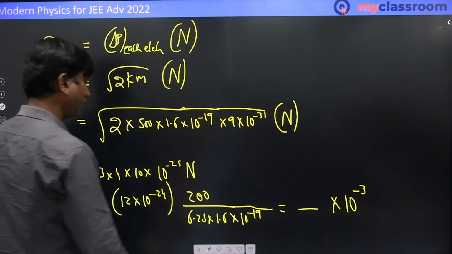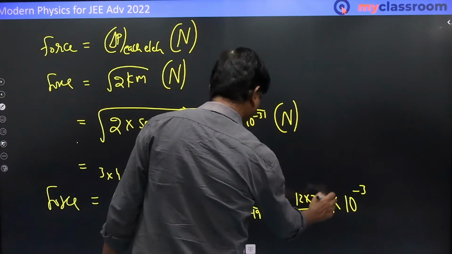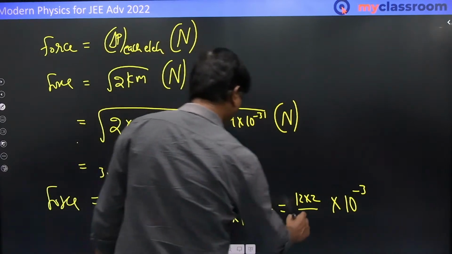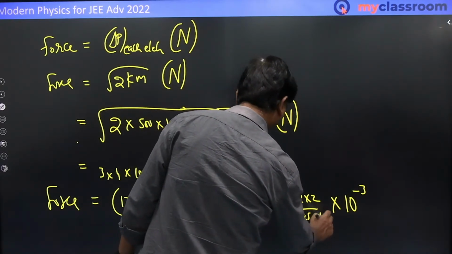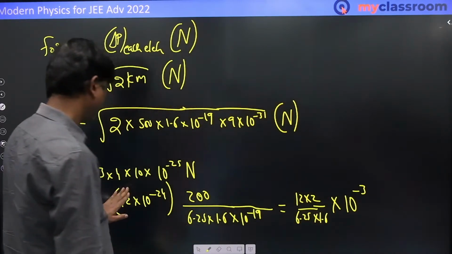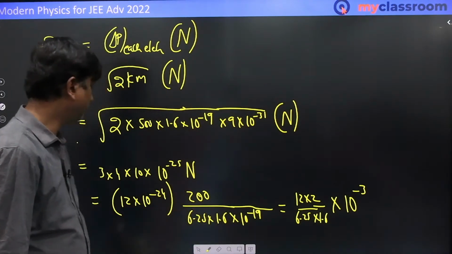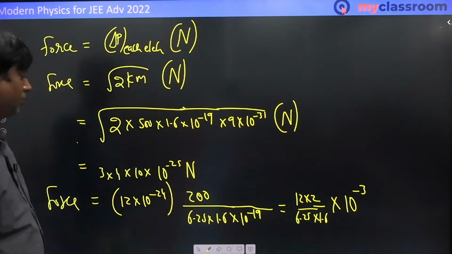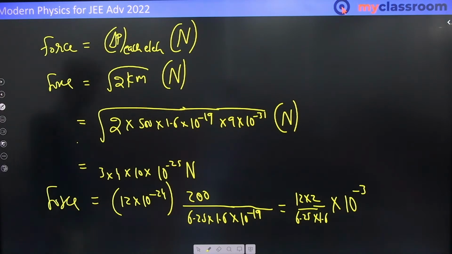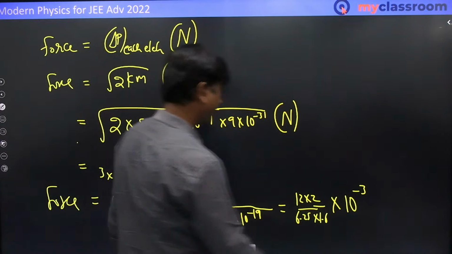Remaining all 12 into 2 by 6.25 into 1.6, yeah, so minus 26.